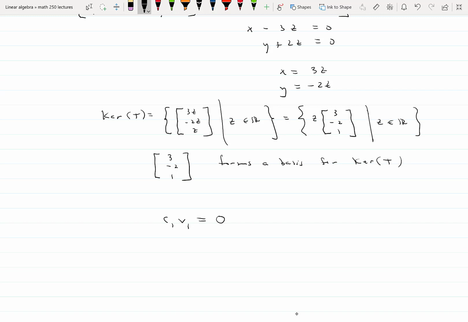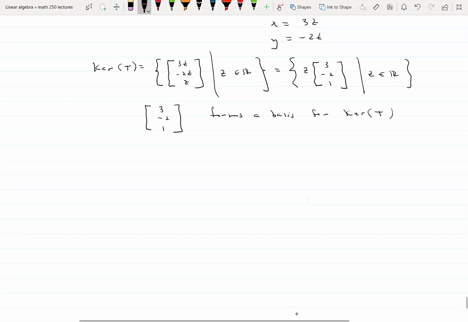Since the vector V1 is not 0, the only possible value for C1 is 0. That means all the constants, namely C1, are 0, so that makes linear independence. So we found a spanning set, same stuff you did in the last exam. This one has only one vector in it, so one vector is automatically linearly independent, unless it's the 0 vector. Remember, no basis contains the 0 vector.